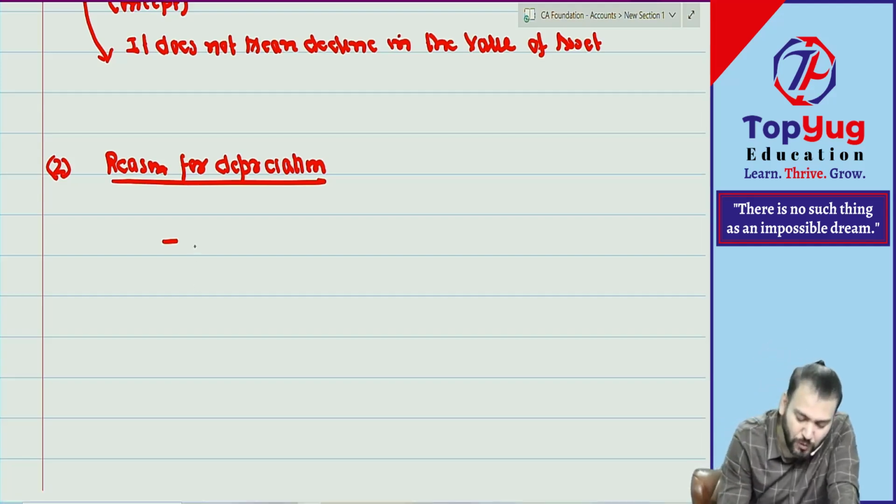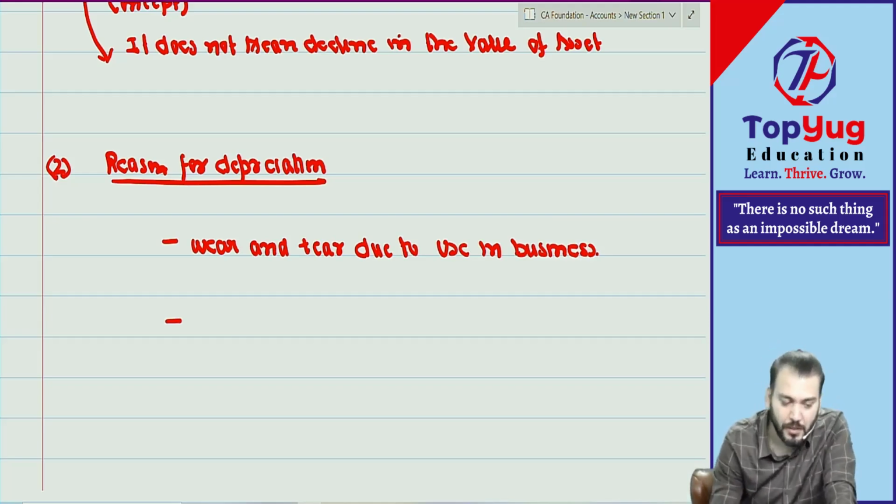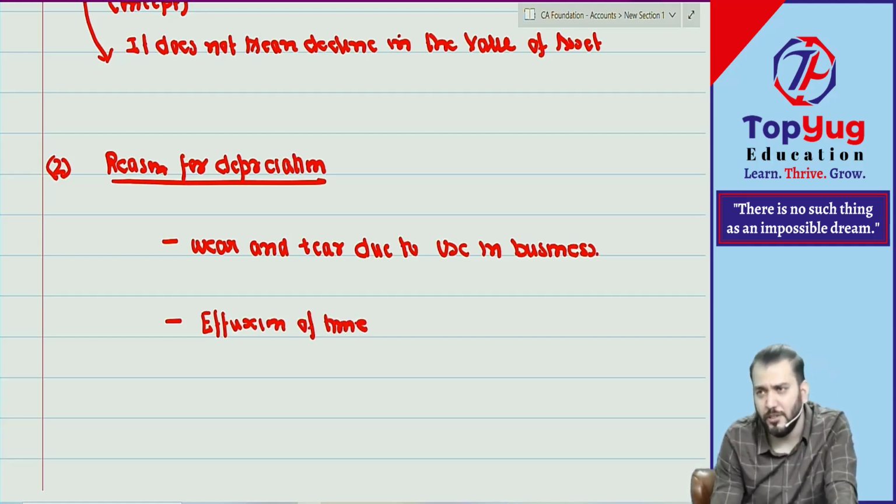So this is due to wear and tear, due to use of that asset in business. Correct? Second is what? Due to effluxion of time, that is, due to passage of time.